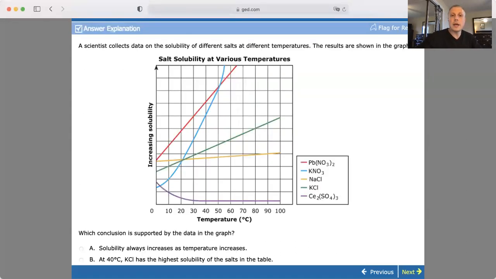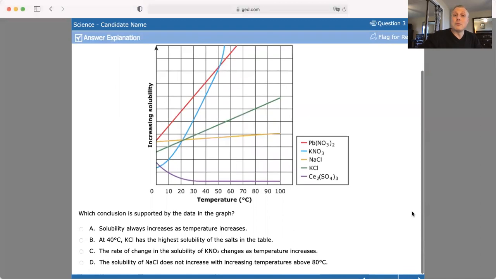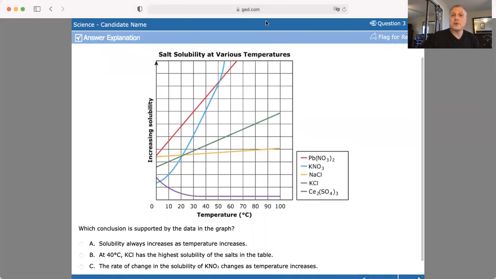So, okay, let's take a look at a little more of a challenging question. So in this question, we are looking at a graph, a chart with information. And the first thing that we have to take a look at when we look at this is the titles.